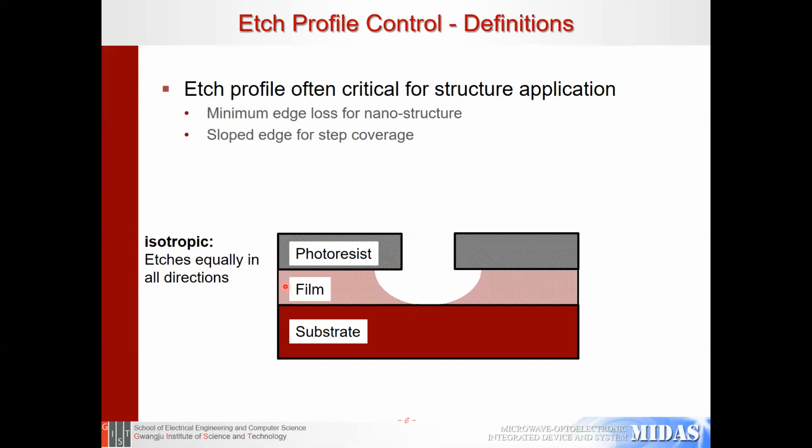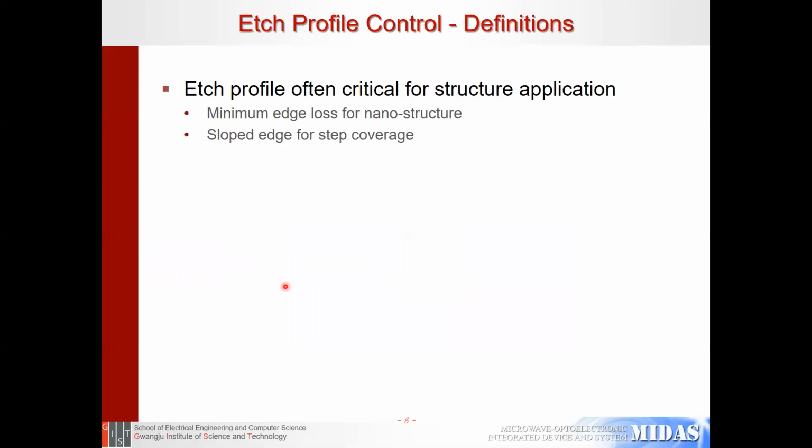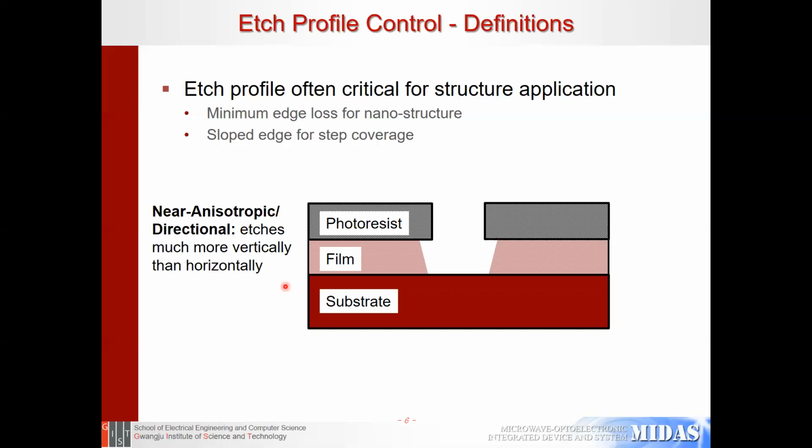This is a very useful etching profile for some structures. The last case is near isotropic and directional edges, in which it etches more vertically than horizontally. So these are some of the edge profile controls.